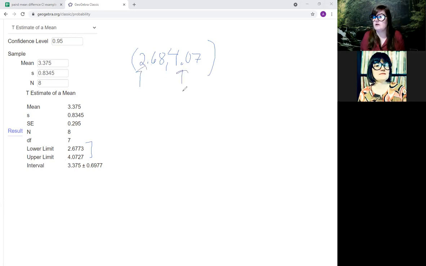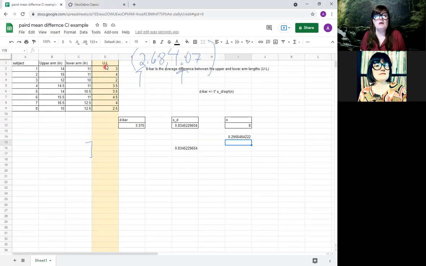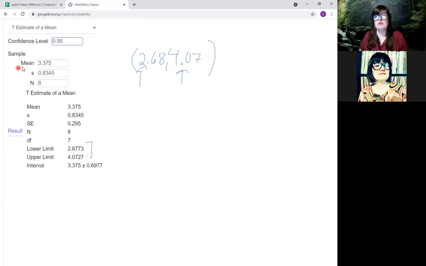I would say that the difference, and notice it's fully positive, and with the way that we subtracted, that means the upper arm is the longer of the two. So with 95% confidence, we can say that the average difference between someone's length of their upper arm and lower arm is between 2.68 inches and 4.07 inches, which seems like a lot, but who knows?